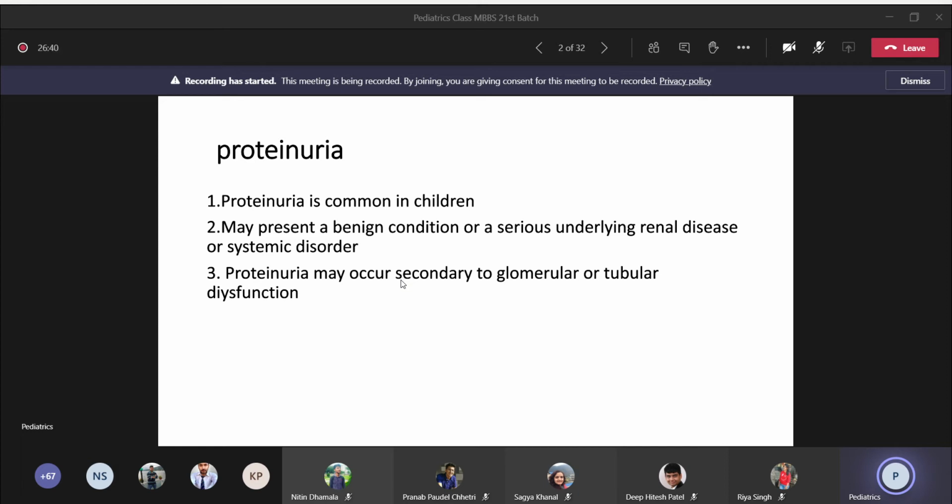Do you know how to know whether the urine contains protein? There are some tests. The first test is the heat coagulation test. If you suspect that the patient has protein in the urine, you can do the heat coagulation test.